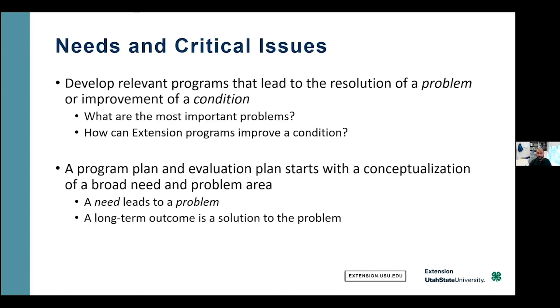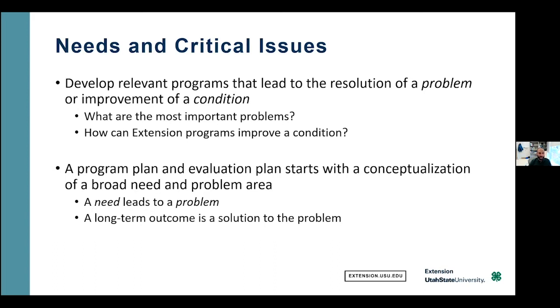And one of the first things I always talk about is needs assessment. The needs assessment basically tells us what those problems are, what societal conditions need improving. And based on that, we create a program to target those problems. The long-term outcome, as you will see as we move on, is always related to the solution to that problem.